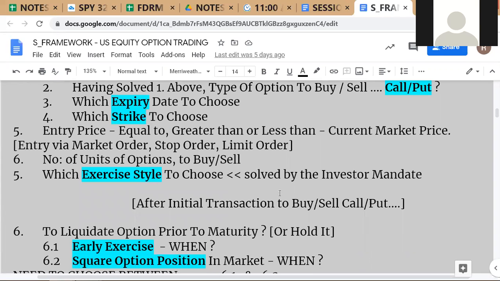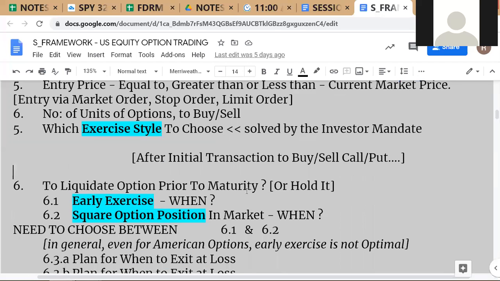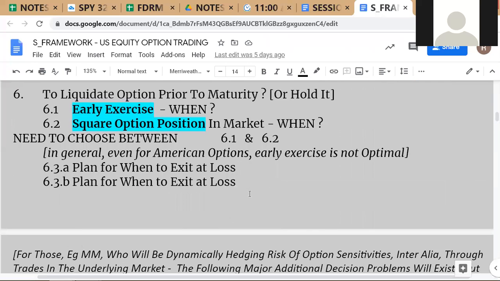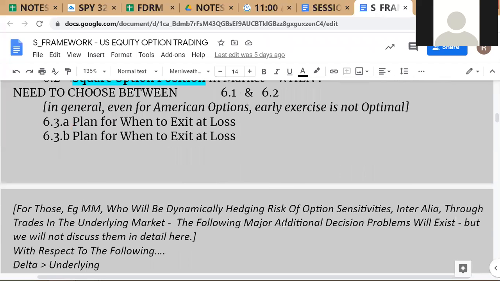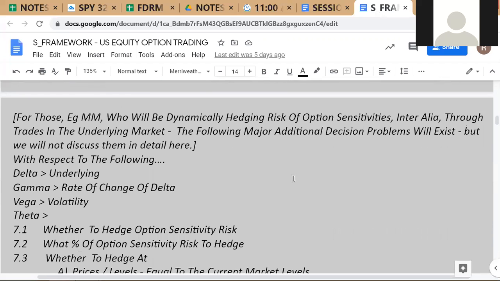If someone asks you in an interview, or when you start your new job, what you studied in options, when you studied decision problems, you studied it from the perspective of speculative option traders, not from the point of view of market makers. So you did not study dynamic hedging by option market makers. You have to be aware that there is something else which you did not study.